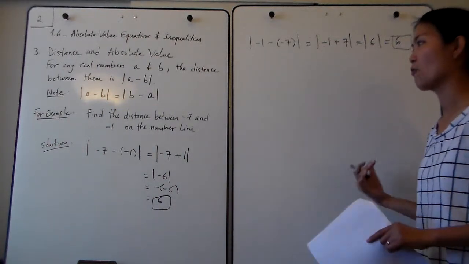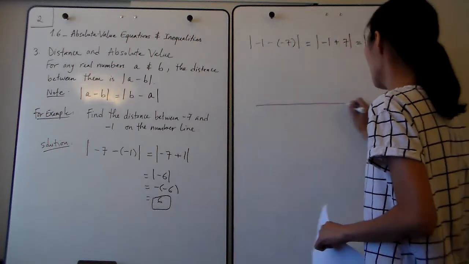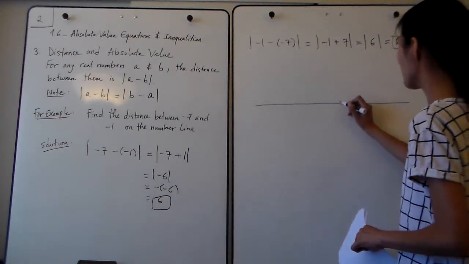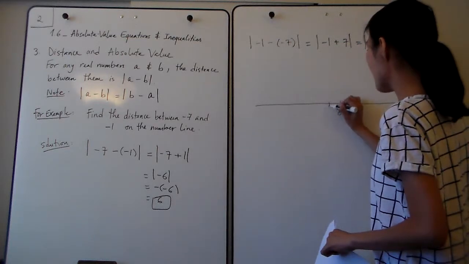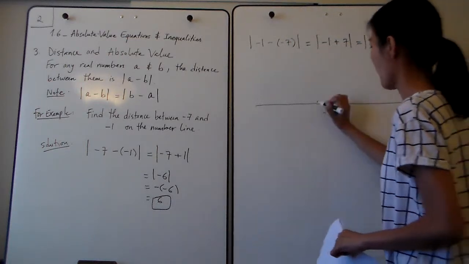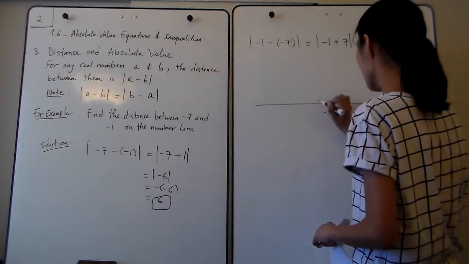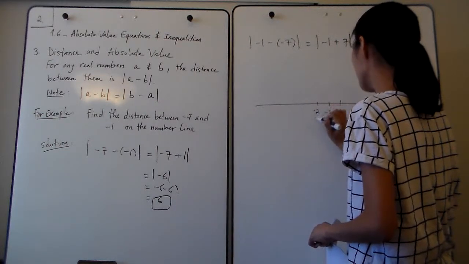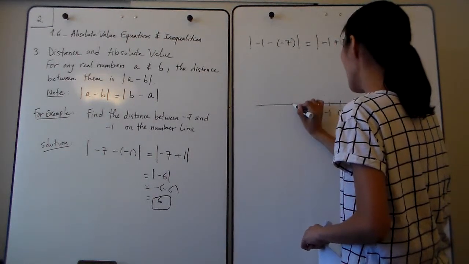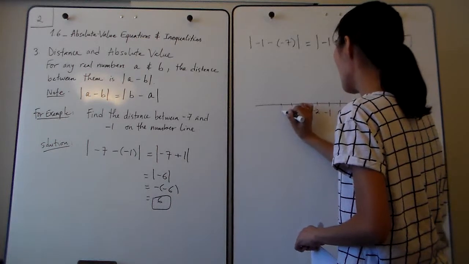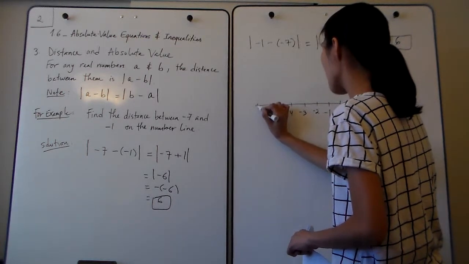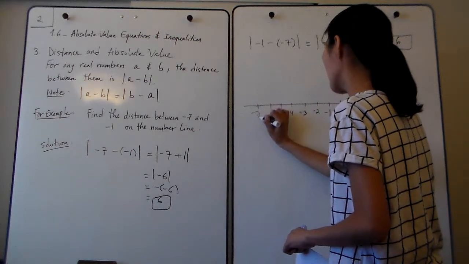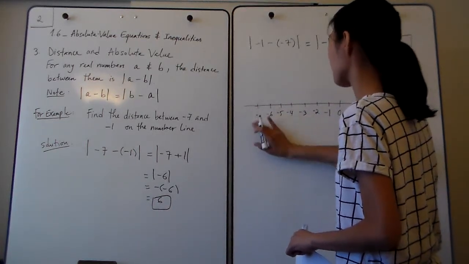You may be wondering what the number line looks like. Let's see. If we start off with 0 somewhere here, and the first point is -1, right? Second point is -7, so let's see, -1, -2, -3, -4, -5, -6, -7.